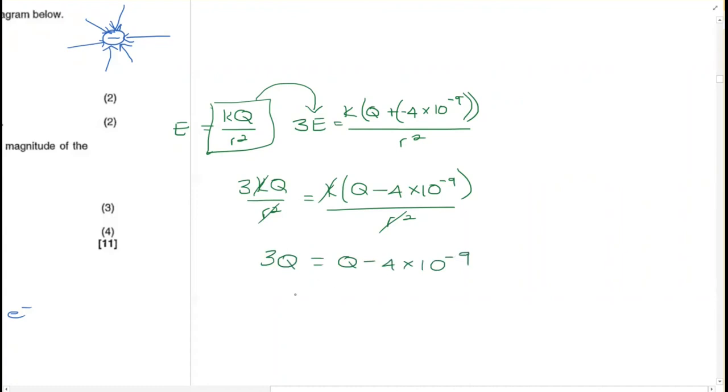Now we're just solving for Q. Let's check this memo because they've got a positive there. 3Q minus another Q gives us 2Q equal to negative 4 times 10 to the minus 9. If we divide that 2 away, I think it is right. It's just going to be negative.